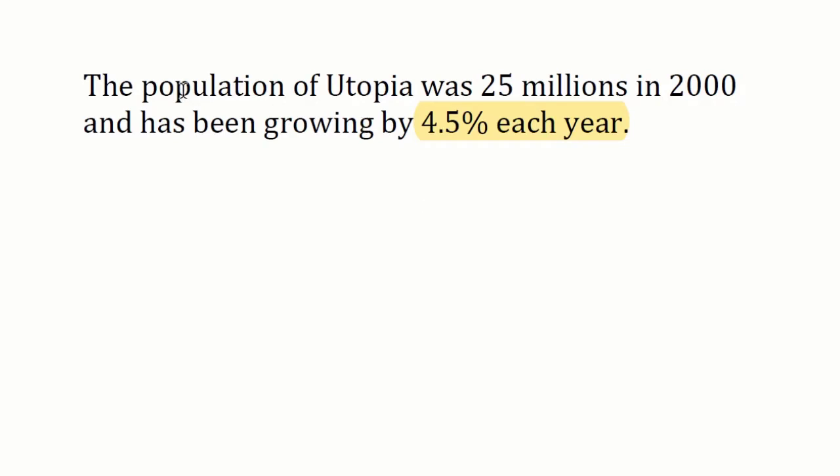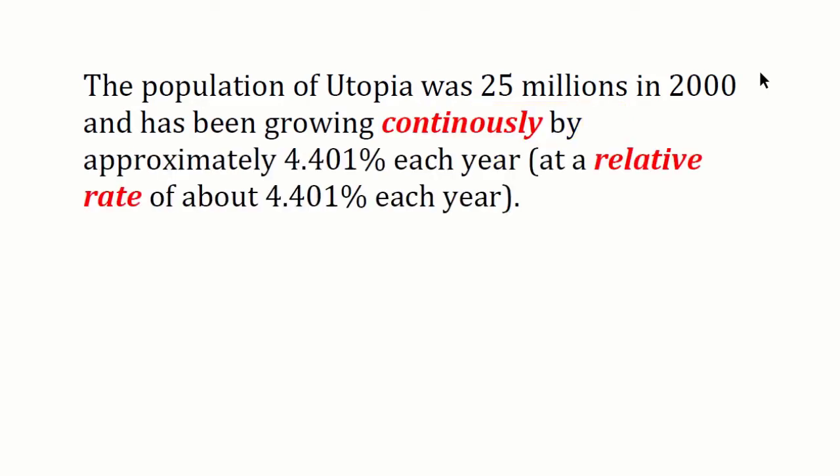Exactly the same problem, but some other textbook author can write it in the following way. The population of Utopia was 25 million in 2000 and has been growing continuously by approximately 4.401% per year.